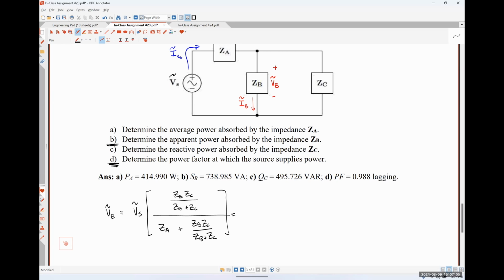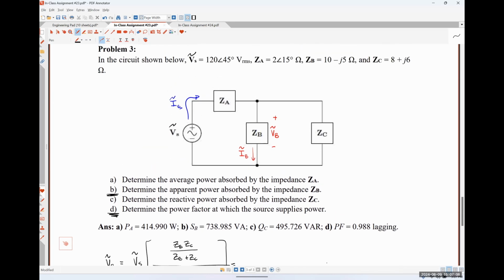So I'm going to throw this into my calculator really quickly, and I typically do this by just storing all of the impedances.